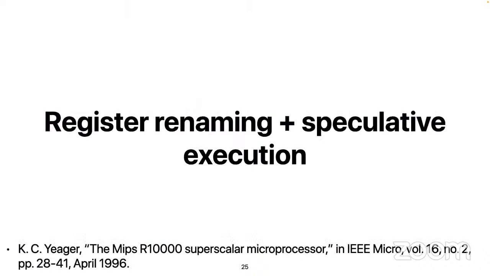That mechanism is called register renaming and speculative execution. These are actually two mechanisms. Register renaming is the mechanism by which we store the outputs to a new register. And speculative execution is the fact that the hardware relies on branch prediction to perform more aggressive optimization in your code execution order.